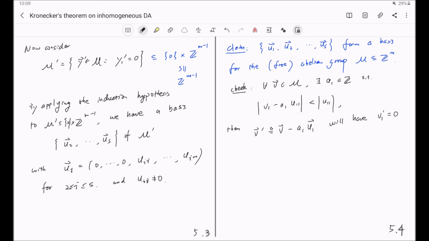And now you get another vector v prime in M whose first component has an absolute value strictly less than u11. There's only one possible choice. That is, this guy must be equal to 0. Namely, this v1 prime is equal to 0.